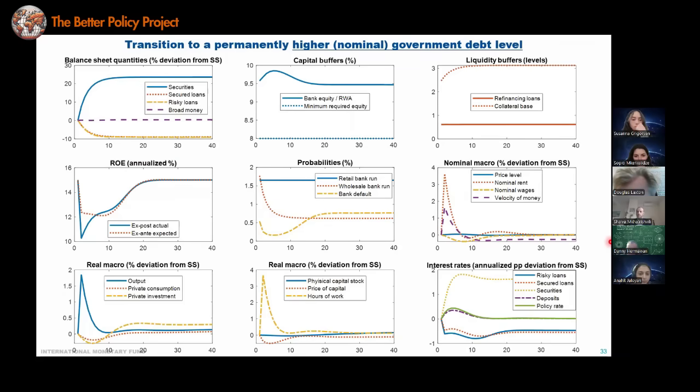Now, in this graph, you've got risky loans going down, and you've got secured loans. Essentially, private sector loan interest rates are going down permanently. So that means the real rate would be going down permanently, right? Yes.